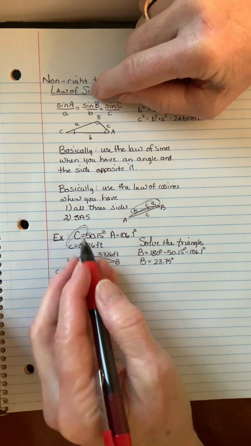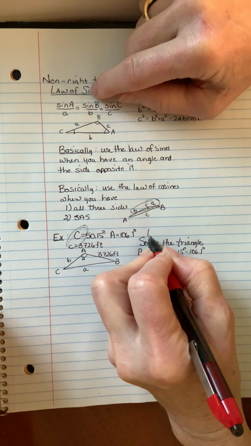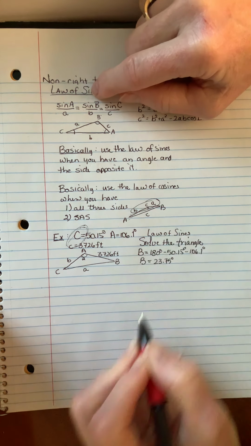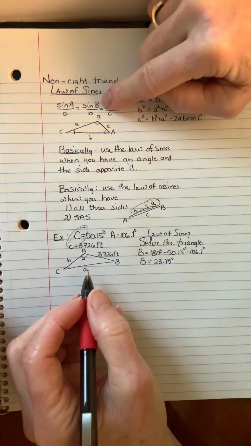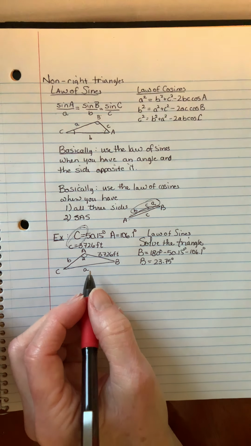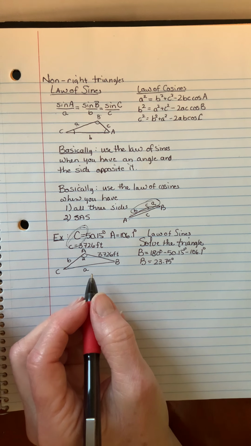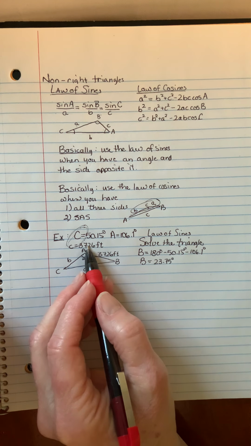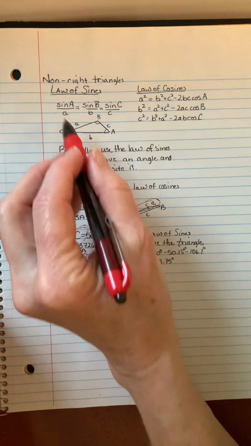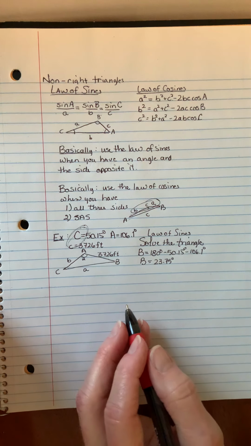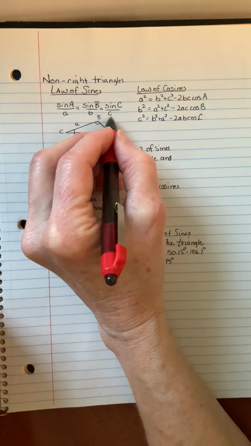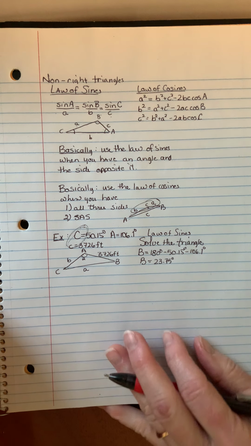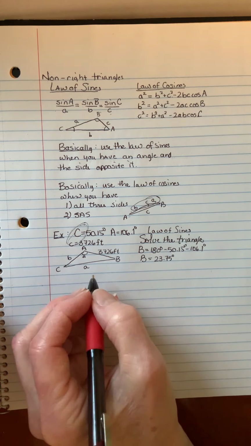Since we've got those two, we're going to use the law of sines. Law of sines looks like this. And I want to note what we're looking for. We have the angles. We do not have the sides. So I'm going to take the reciprocal version of this so that I have the sides on top. Denominators are harder to work with than numerators, so I'm going to do that. Let's look at this.